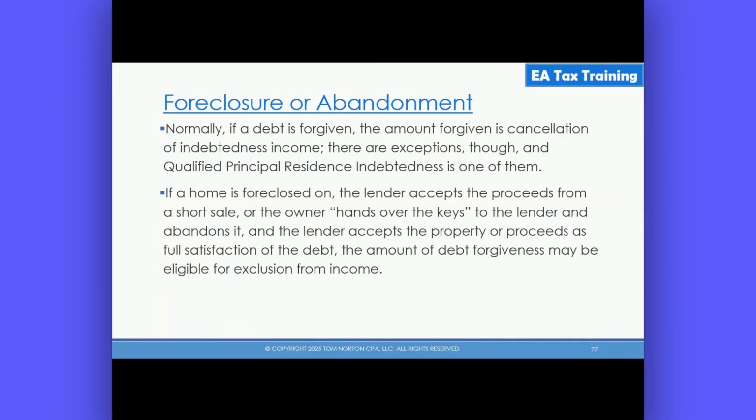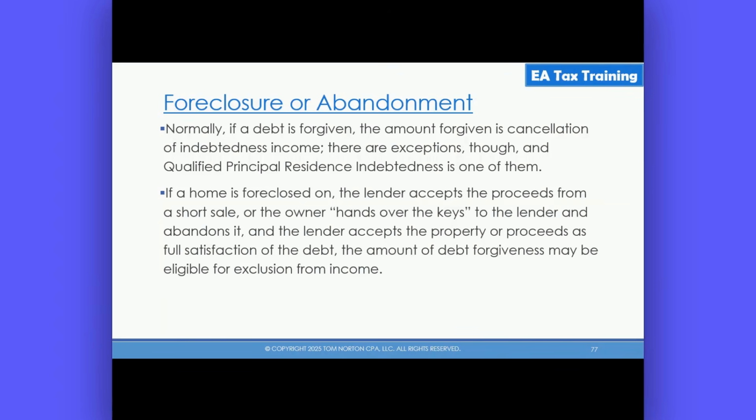So if you have a situation where a person cannot pay their mortgage anymore, in one way or another, they end up giving the house back to the lender. And the lender says, okay, we're not going to pursue this any further. Even if we got less than the amount of your loan, we're just going to let it go.